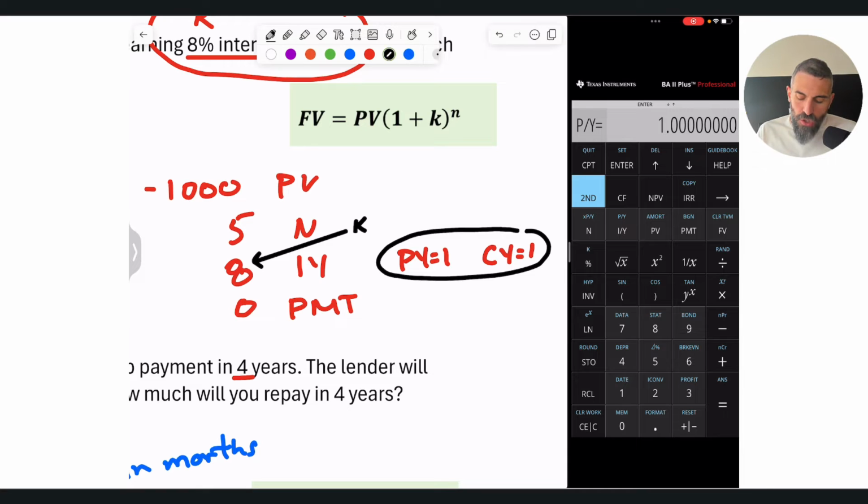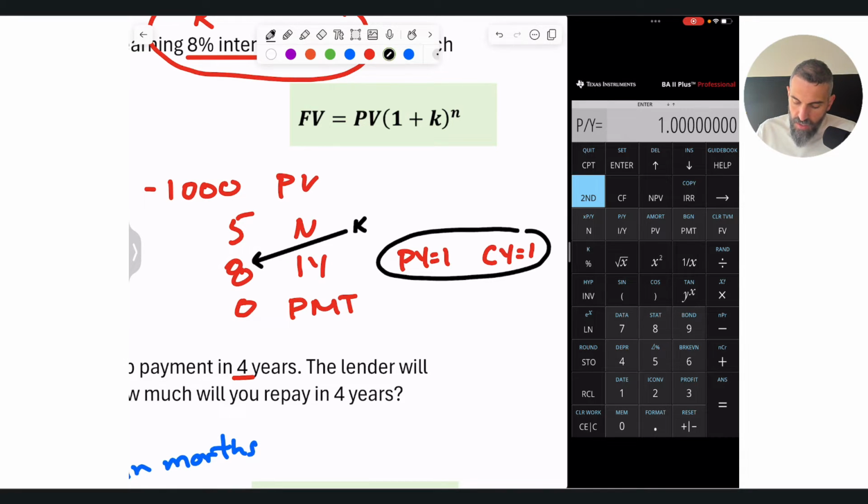In fact, you technically never need to use P/Y and C/Y, ever. As long as you're remembering that your I/Y should always be set to your effective rate, it won't matter. Throughout this lesson and other lessons, I will use it because some of you might like it. It does make it a little bit faster in some cases, but there's no rule that says you have to use P/Y and C/Y as long as you're always finding your K. All right, for now, you can ignore that.